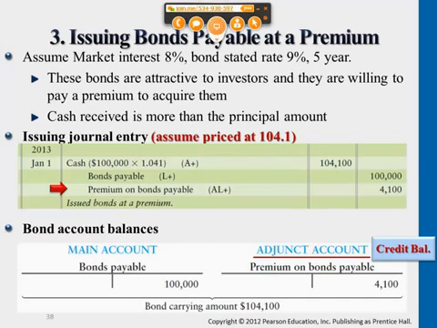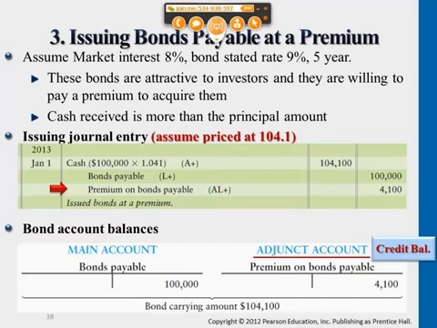This case is the opposite of a discount. The market interest rate, for example, is 9%, and the company is offering, for example, 10% or 11%. So at the time of issuance, the company will be collecting more than the face value, not just $100,000. The difference is what we call premium on bonds payable. But don't forget that later, when the bond matures, the company always pays back to the creditor the face value, the maturity value of the bond, which is still $100,000.